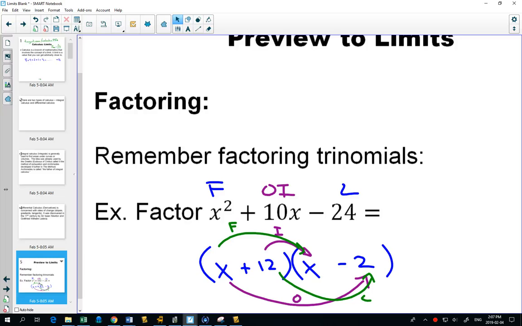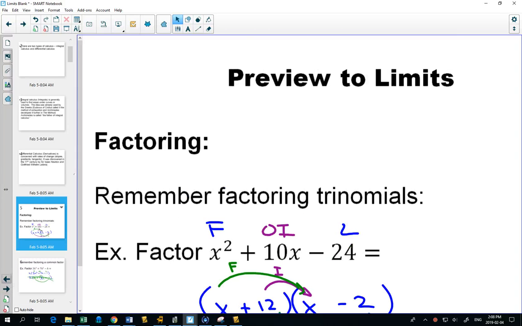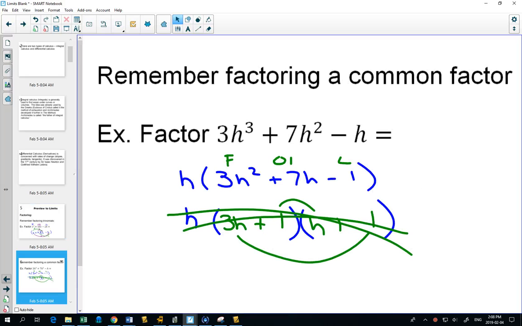So our first couple factoring ones, well, this one is straightforward. It's one you've done before. Oops, I want to erase that so you don't see the answer before I put it up. There we go.